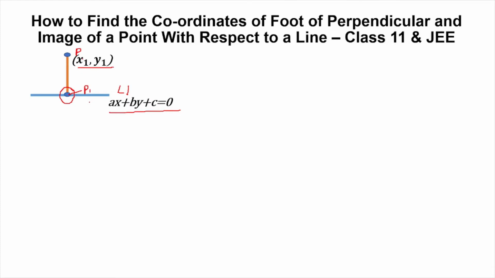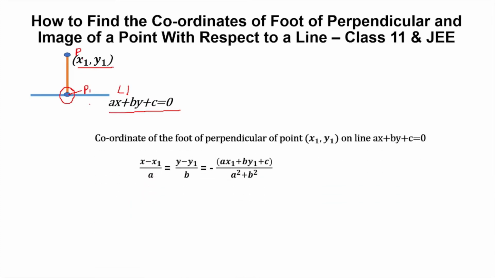So the formula to find the coordinates of P1 is (x minus x1) upon a is equal to (y minus y1) upon b is equal to minus (ax1 plus by1 plus c) divided by (a square plus b square).